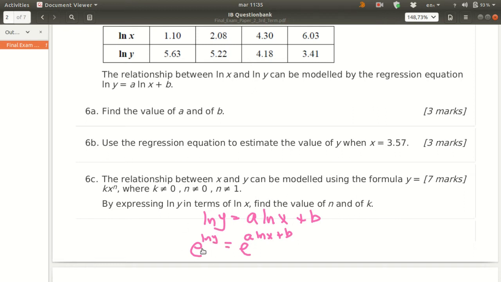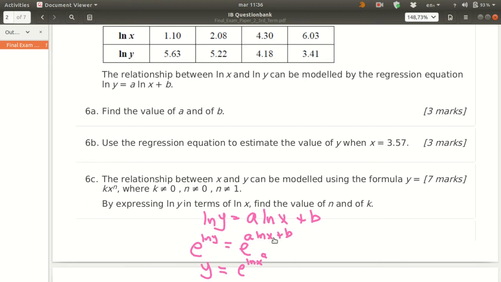On the left side, e and the natural logarithm cancel, and I'm left with y. On the right side, I have e to the natural logarithm of x to the power of a, and you're going to see y in just a second.